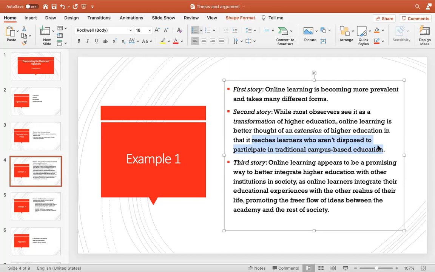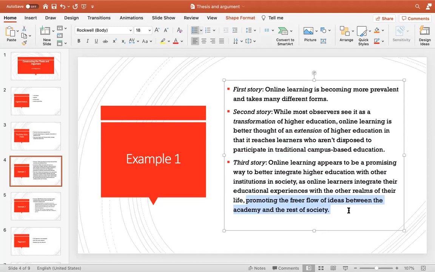Let's read the example. Online learning appears to be a promising way to better integrate higher education with other institutions in society, as online learners integrate their educational experiences with the other realms of their life, promoting free flow of ideas between the academy and the rest of the society.